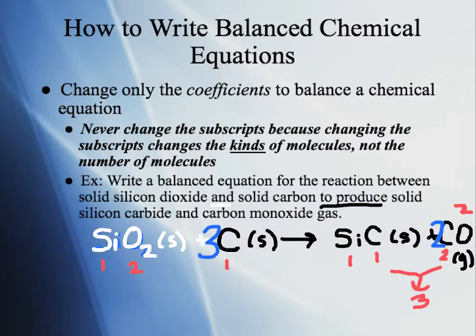Okay, so the coefficients are a 1 in front of silicon dioxide, a 3 in front of the carbon on the left, and then on the right side, a 1 for silicon carbide and a 2 in front of carbon monoxide gas. So balancing using those coefficients makes sure that we are using all of the atoms in our reactants and we're not coming up with anything new or making things disappear.